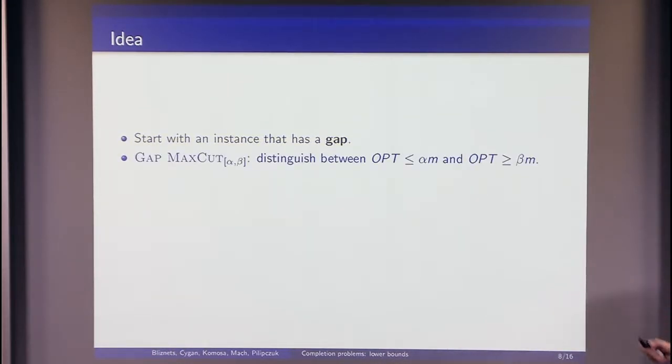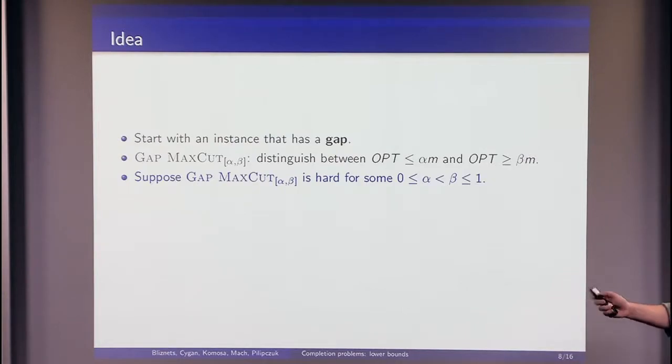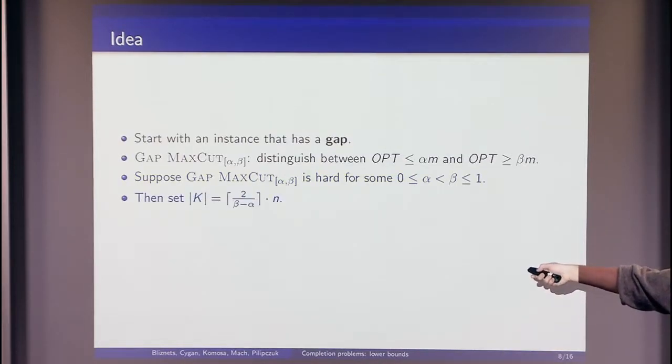Namely, let's consider the gap MAXCUT problem, where it is hard to distinguish between the optimum value being at most alpha, for some constant alpha times the number of edges, and the optimum being larger than beta times m. So now, suppose that this problem is hard for some constants alpha, beta that are apart from each other. Let me now set the size of the click to be linear in n with this coefficient.